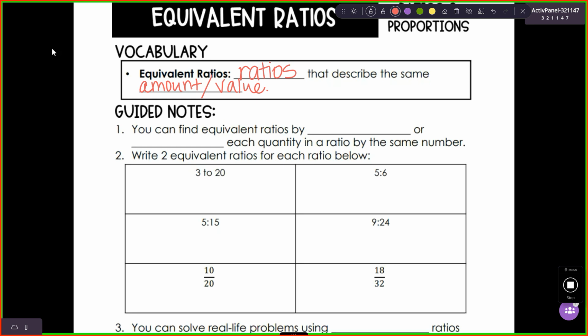All right, my next one, you can find equivalent ratios by doing 2 different operations to the numerator and the denominator by using the same number. What are those 2 different operations you can use to create equivalent ratios? I could be saying equivalent fractions. What do you do to that numerator and that denominator to make something equal?